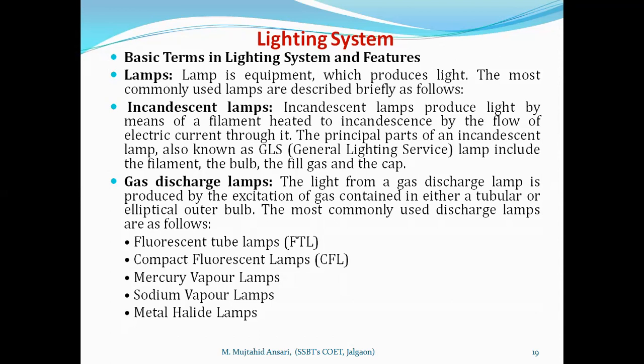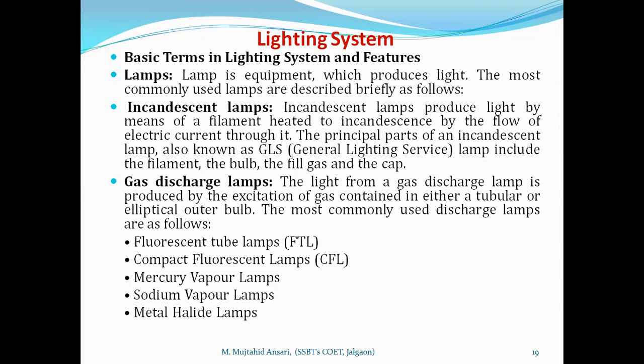Now we will see what are the different terminologies used in the lighting system. Once we remember these points, it becomes very easy to understand the energy conservation. So a lamp is the equipment which produces the light, that is, a light source. So you can say that an incandescent lamp is a lamp.